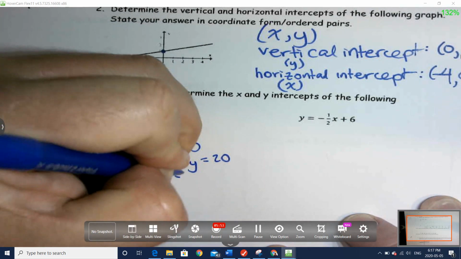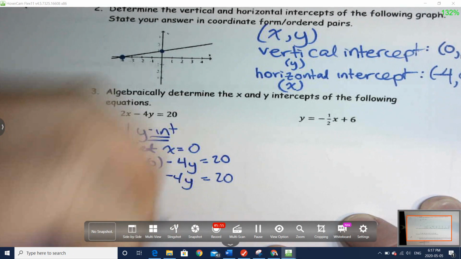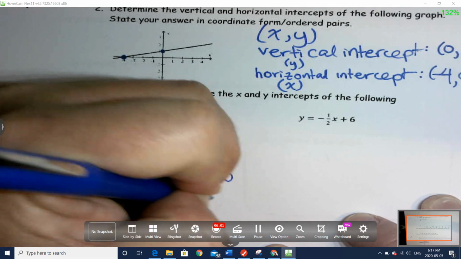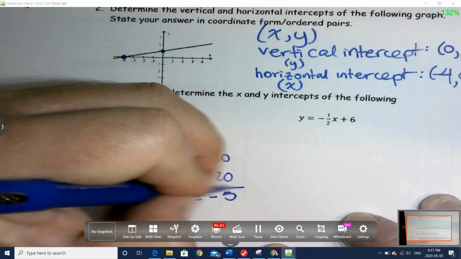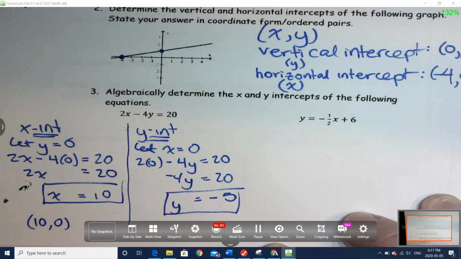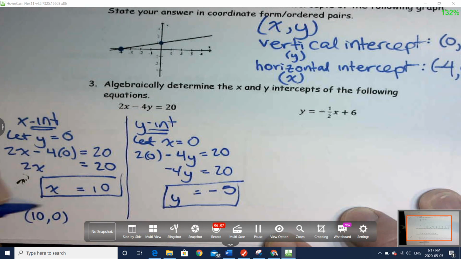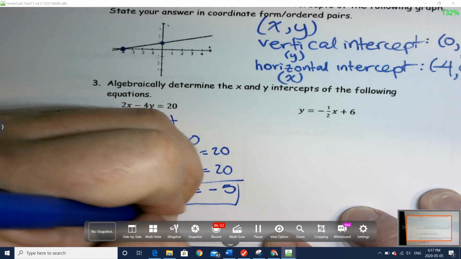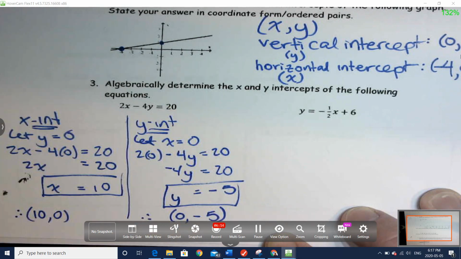Then that's negative 4y is 20. Divide both the left and the right by negative 4, and you'll get that y is negative 5. That means that this intercept happens at y is negative 5, which is the coordinate x value 0, y value negative 5.